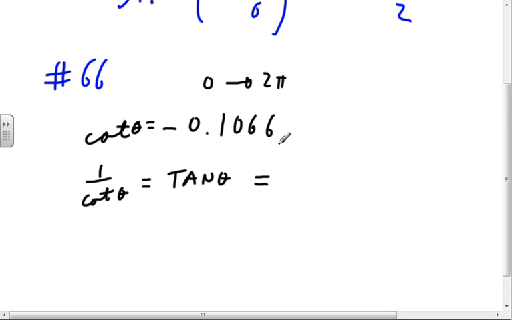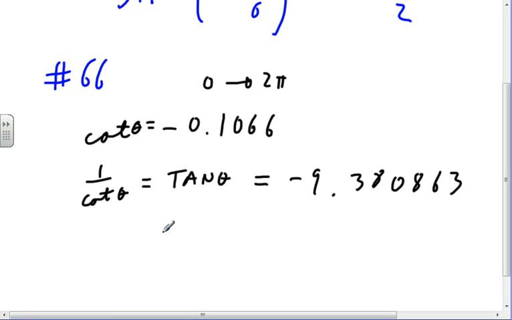1 divided by 0.1066. Boom. Minus 9.380863. Okay.